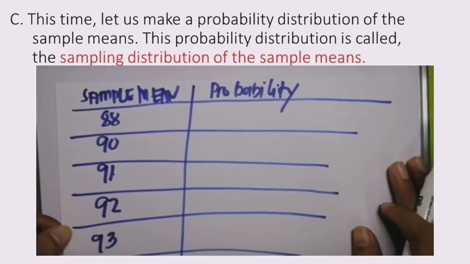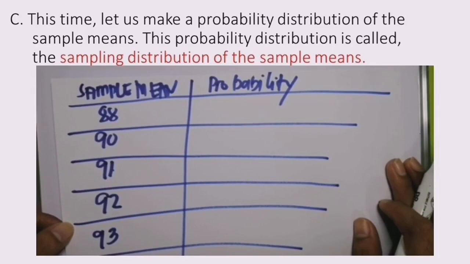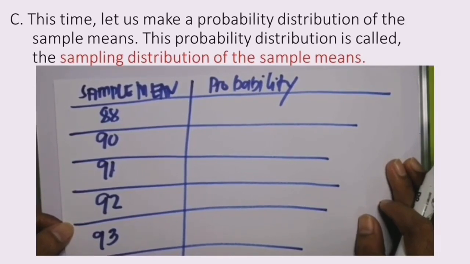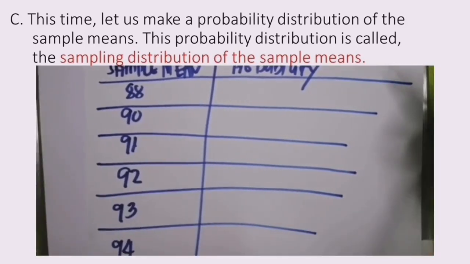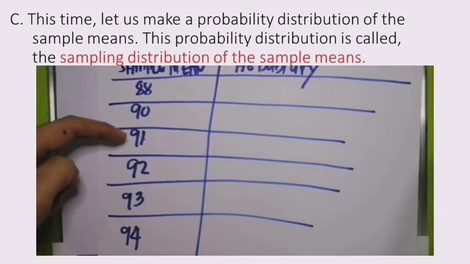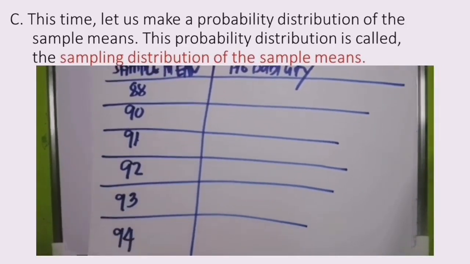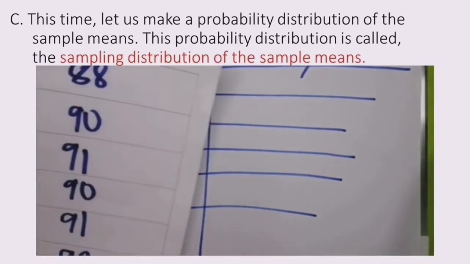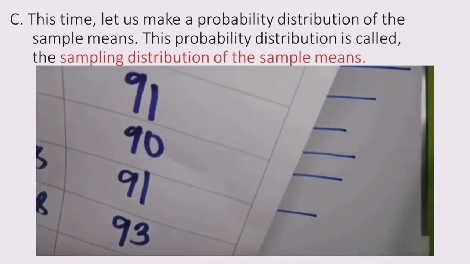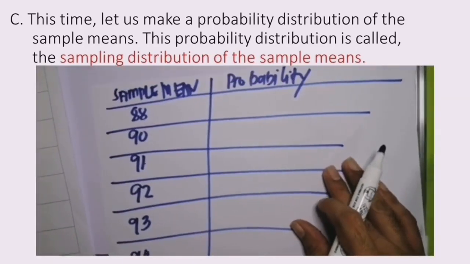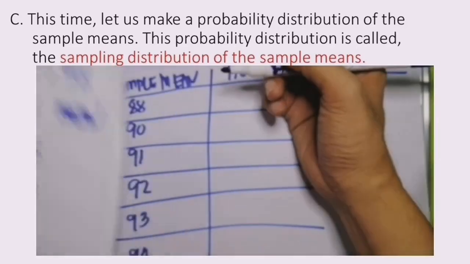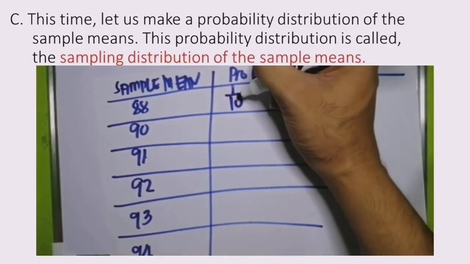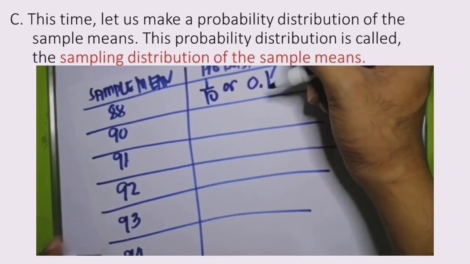So, in letter C, let's make a probability distribution of the sample means. This probability distribution is called the sampling distribution of the sample means. Look at the sample means. Let's count: 1, 2, 3, 4, 5, 6 distinct values, not 10. Some sample means repeat. Let's start with 88. How many 88 are there? Only one, so this is 1 over 10 or 0.1.